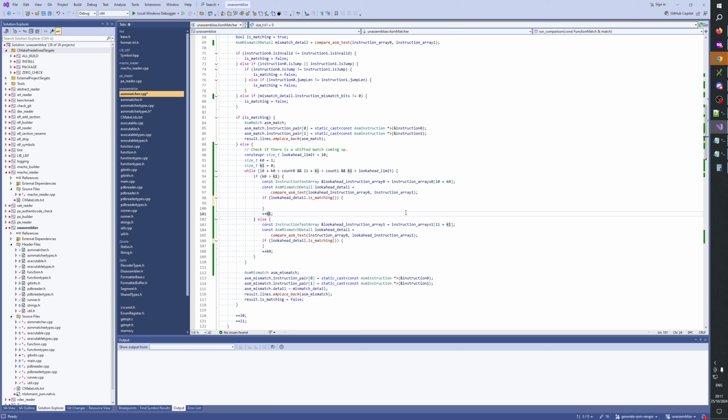So at 3, yeah, 3 is a match. Just need to get the brain working.